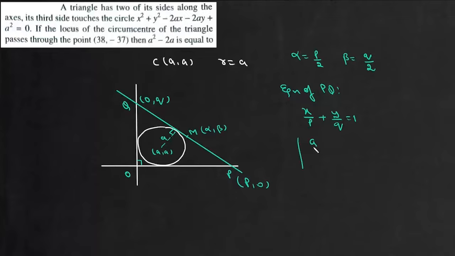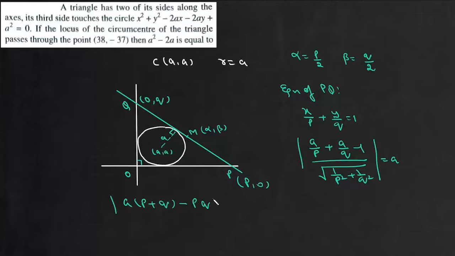We get (a upon P plus a upon Q minus 1) upon the square root of (1 upon P square plus 1 upon Q square), and it will be equal to a. Now we can simplify this as a(P plus Q) minus PQ equals a times the square root of P square plus Q square.